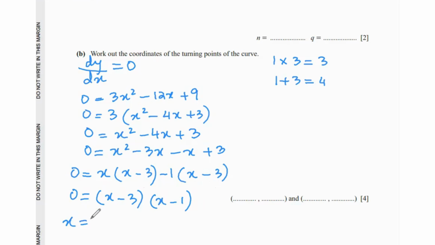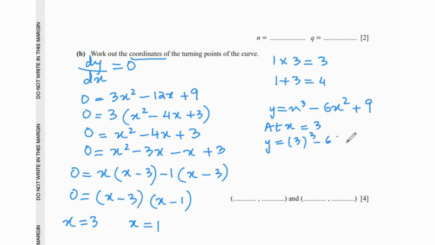So one value of x is 3 and the other value of x is 1. We need to find the corresponding y values as well because it says coordinates. So for that, we need the equation, which was y equals x to the power 3 minus 6x squared plus 9. So when we put x equals 3 in this equation, y is going to be 3 cubed minus 6 times 3 squared plus 9.